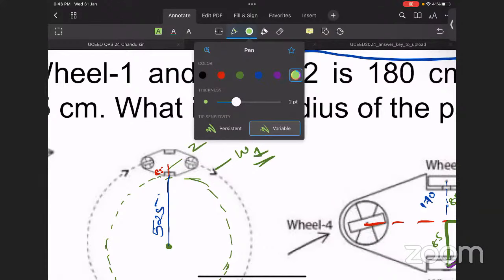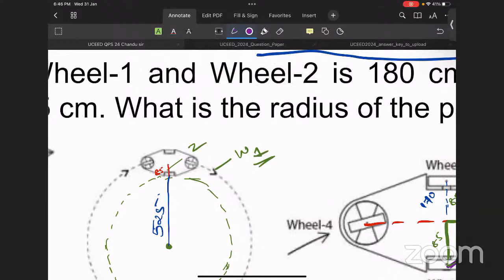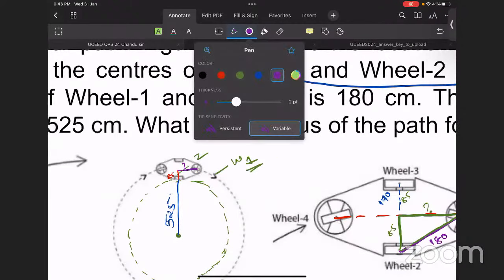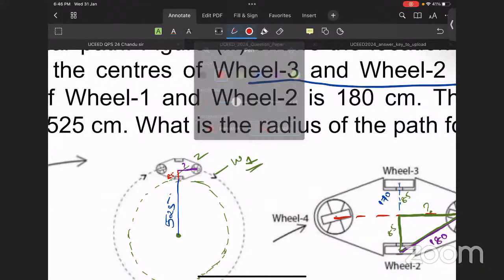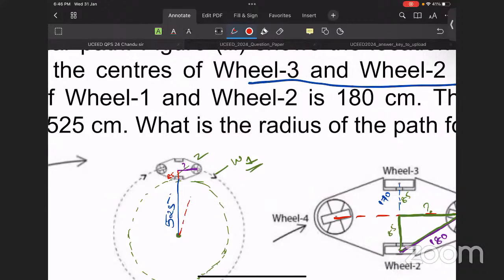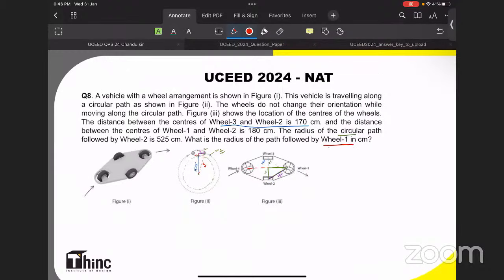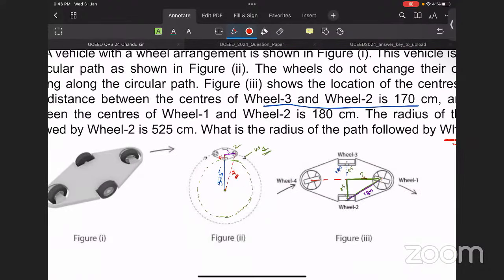If we know this length, then we can find the radius. This is the radius of the path followed by wheel 1.